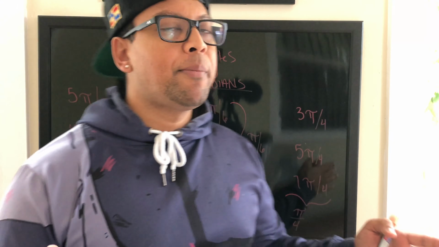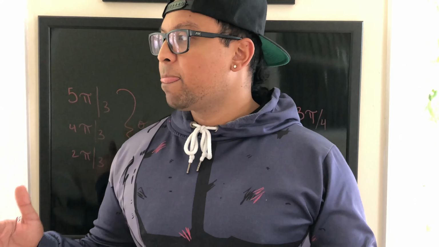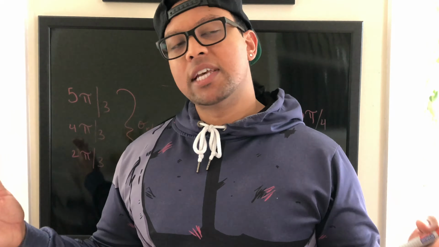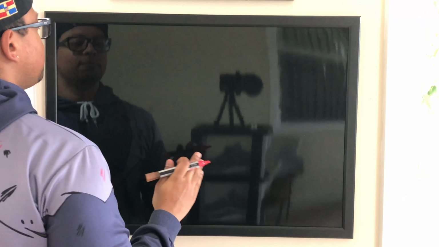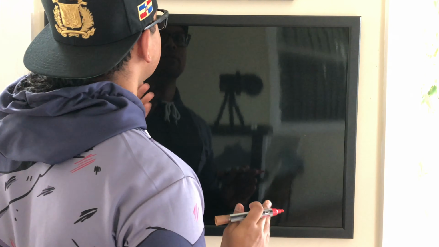Now, what happens if I get a set of radians that you don't see on your unit circle? Example, 2 pi over 5. Let me wipe this board down. I don't know, let's see if it's dry enough. All right, here we go.